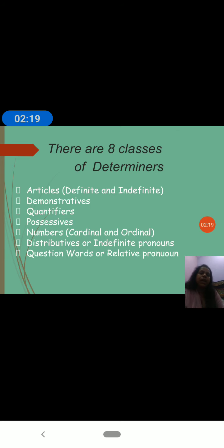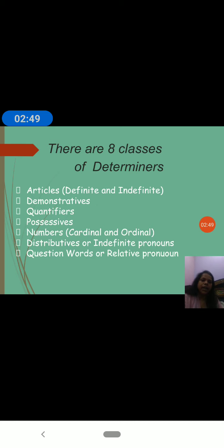Classes of determiners. There are 8 classes of determiners: article, definite and indefinite; demonstrative; quantifier; possessive; numbers, cardinal and ordinal; distributive or indefinite pronouns; question words or relative pronouns.